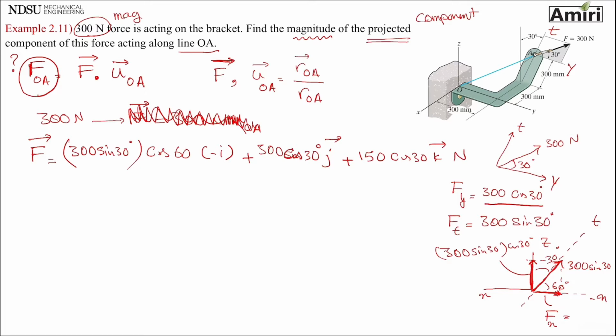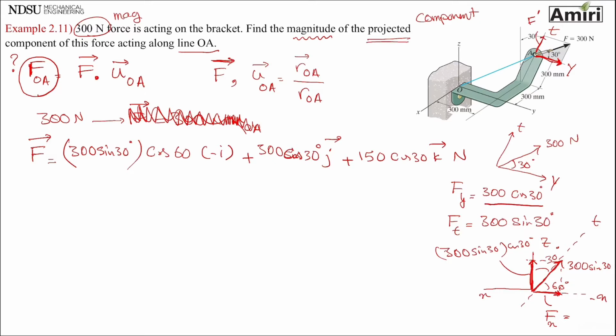This was a very good practice of finding components of a vector based on the angle that is given. So first, I found this Fy, because it's parallel to the y-axis. Then I found this one, F prime, you can call it, which was along the t-axis.